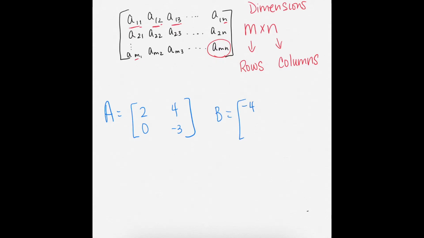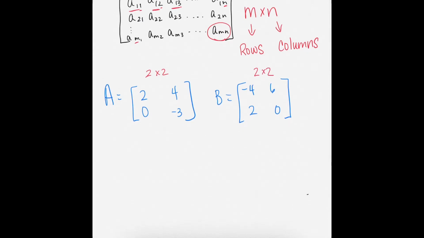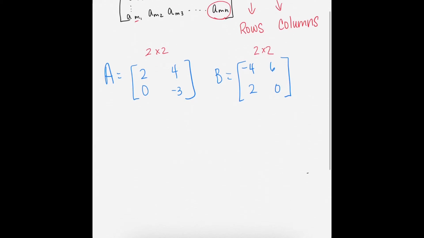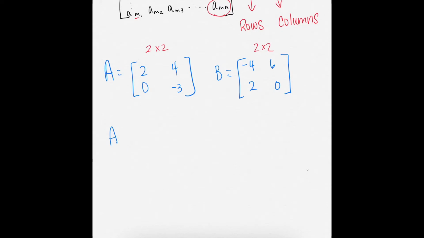Matrix B is going to be -4, 6, 2, 0. So let's note first that this one is a 2 by 2, meaning 2 rows and 2 columns. This one is a 2 by 2. All right, so we can add and subtract two matrices.